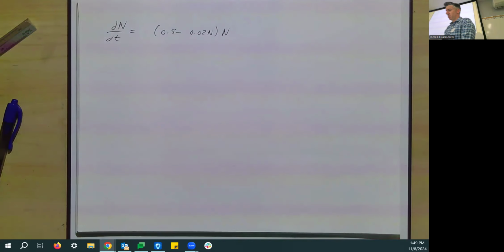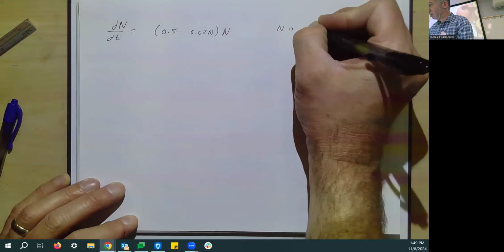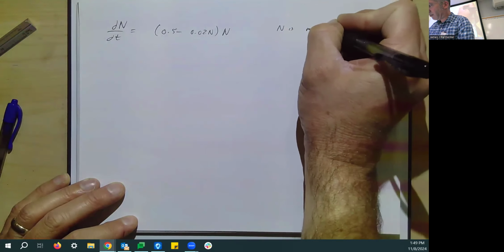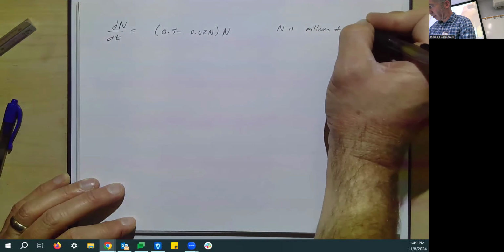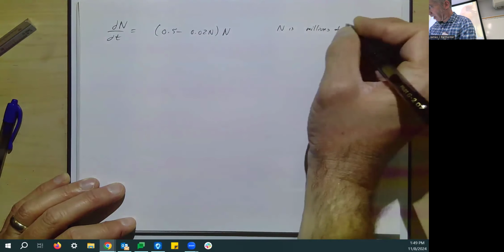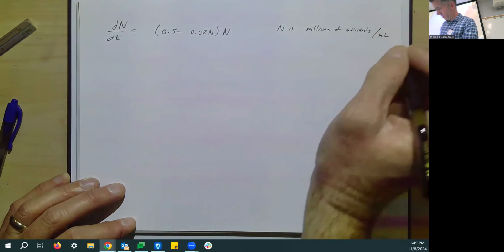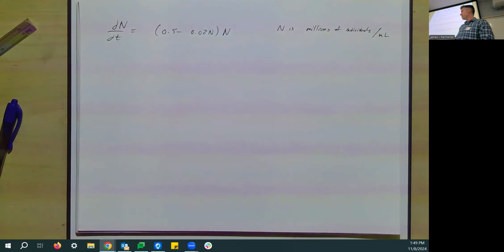I don't know. So N is millions of individuals, whatever we're talking about. Probably not people if it's per milliliter. T is in hours. Sketch the direction field of the differential equation for values of N between 0 and 250.